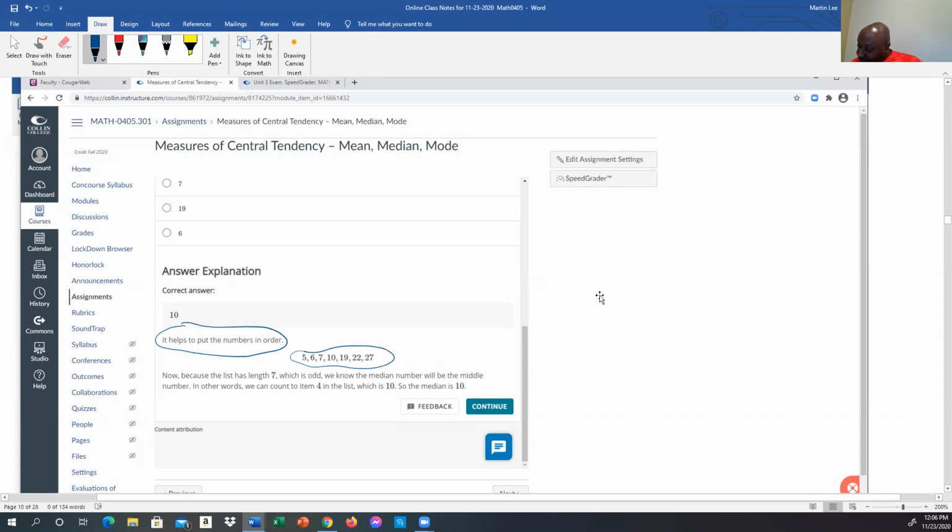Now notice that we have an odd number of numbers. It says now because the list has 7 numbers, which is odd, we know the median is going to be the middle number. So I have 5, 6, 7, 10, 19, 22, and 27.